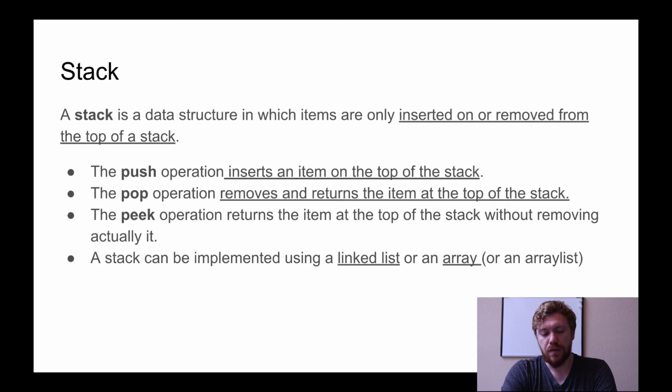And so a stack can actually be implemented using another data structure, one that we've already covered, called a linked list. Or you can use an array or an array list. And so yeah, this brings up a good point. You can use other data structures to help implement another data structure.